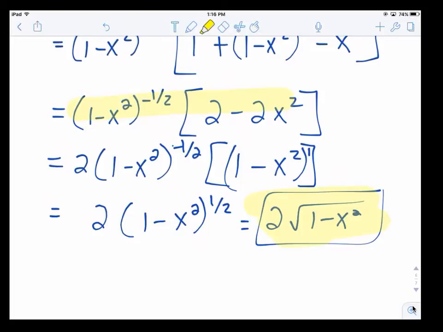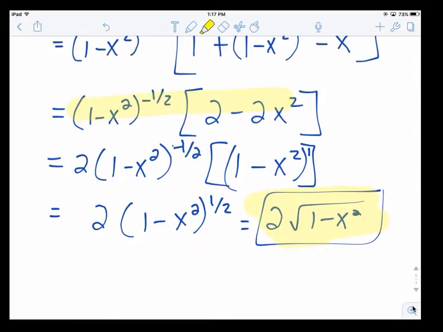Here to here? So we factored out a 2, and you're left with that, right? Technically this is in parentheses and then there's a 1 as your exponent. Imagine taking x to the negative 1/2 and multiplying it with x to the first. You would add the exponents and you would get 1/2, right?